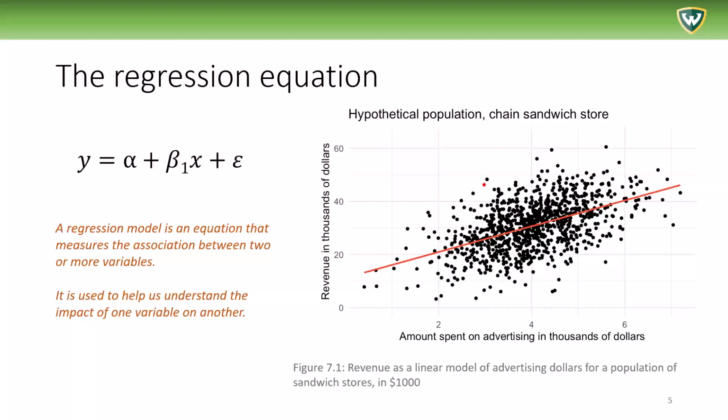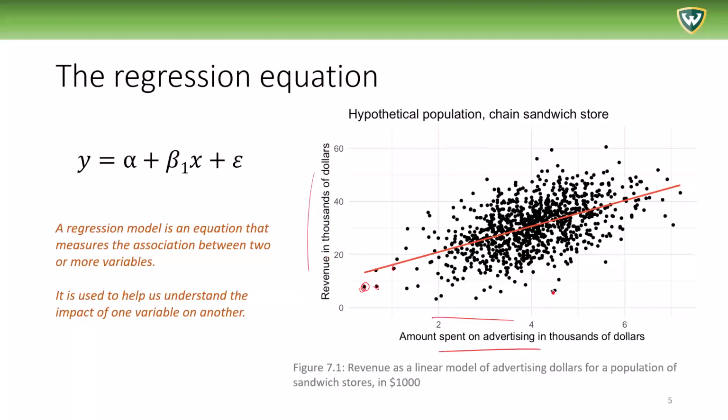And the basic idea is that when we look at 2 dimensions, it works with multiple, but it's easy to visualize too. So we have a predictor variable such as amount spent on advertising in thousands of dollars. Each dot is a location, and each location spends a different amount. And then there's also the revenue of that location.